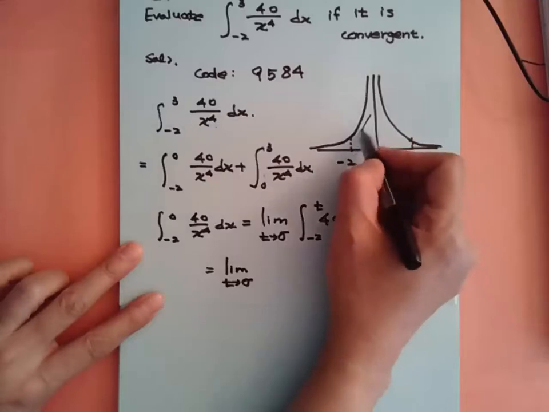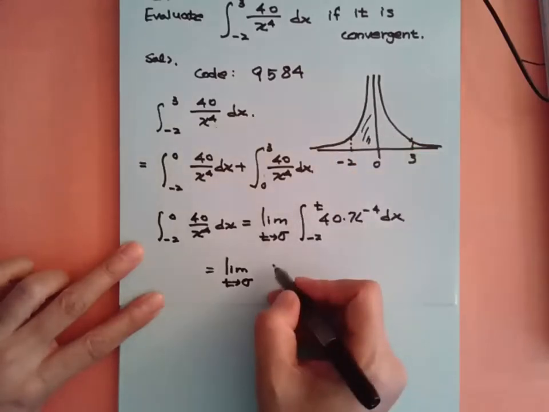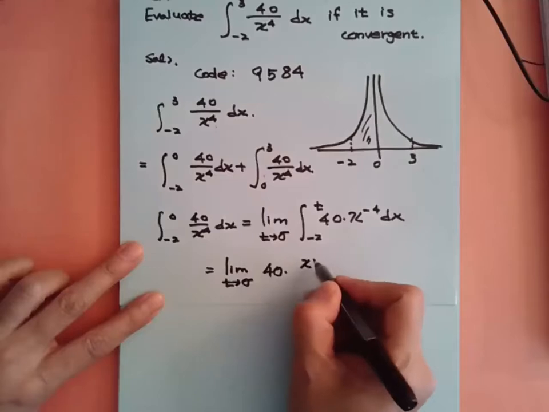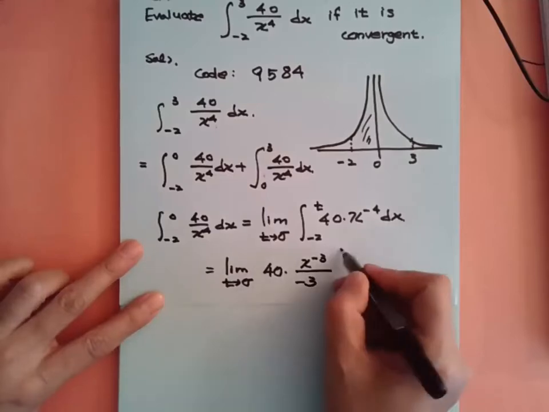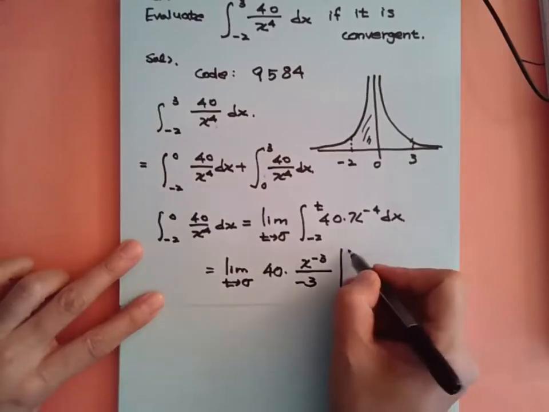So we are thinking about this part. Then we have 40 times x to the -3 power over -3, from -2 to t.